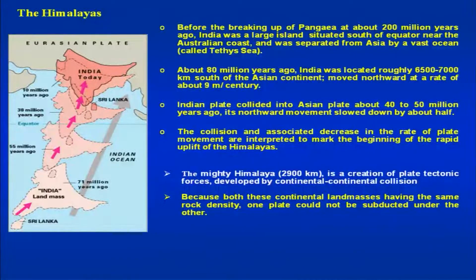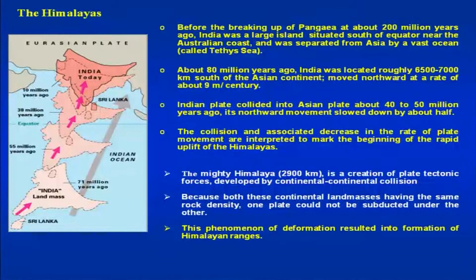Now, because both the landmasses, that is the continental landmasses, have the same rock density, one plate could not be subducted under the other. This phenomenon of deformation resulted in the formation of the Himalayas.